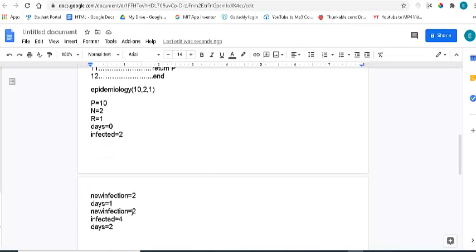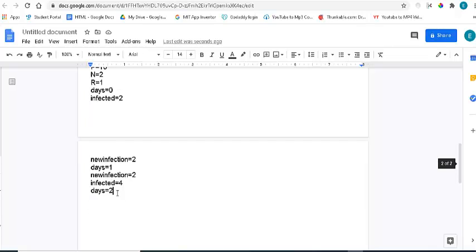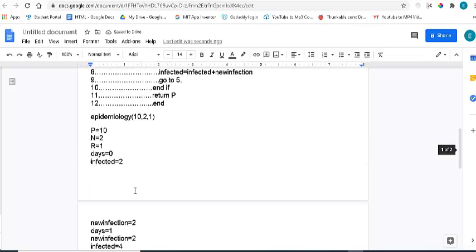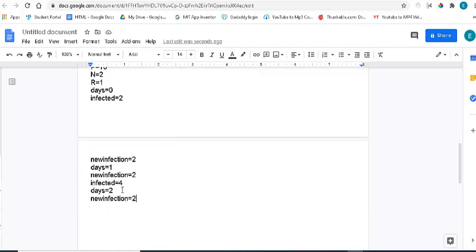Previous new infection is 2 times r. R is 1, so it becomes again 2. So new infection still is 2. Then the infected is going to be incremented by new infection. The new infection is 2, infected is 4, so it becomes 6. So infected becomes 6.